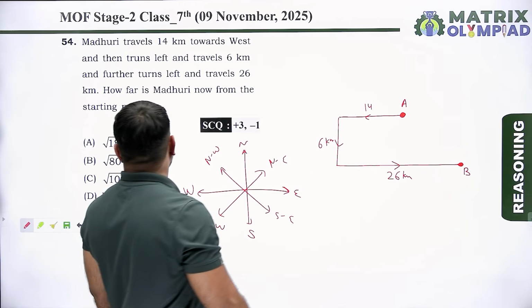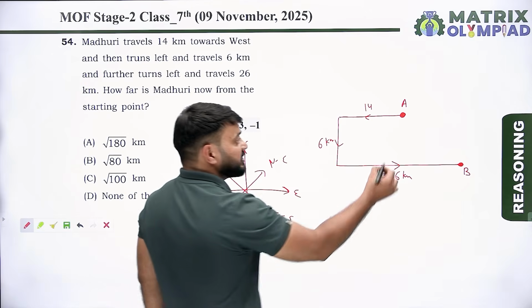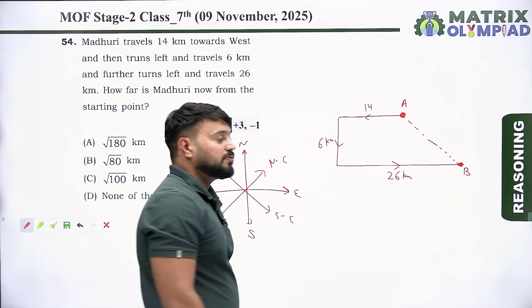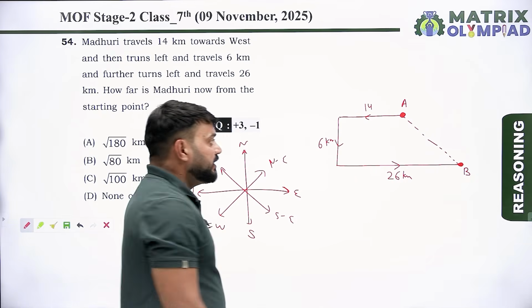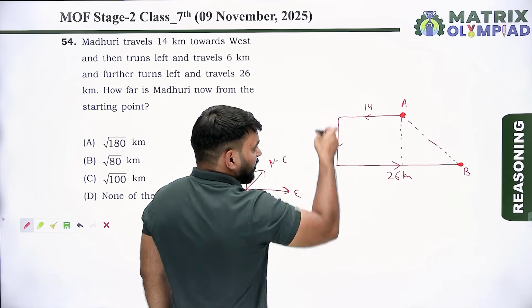Now how far is Madhuri from the starting point? So find the distance between the starting point and final point. It means find the distance between A and B. First draw a parallel line to this line.